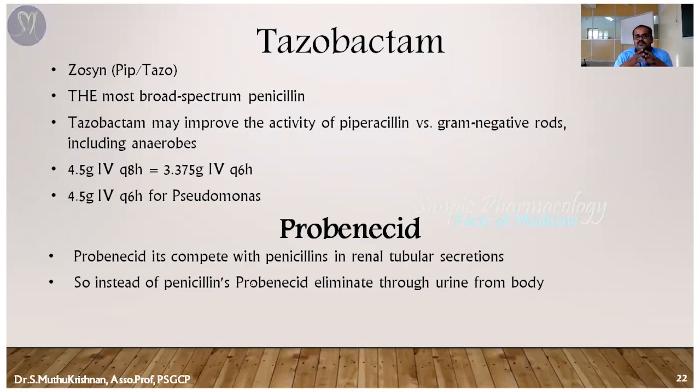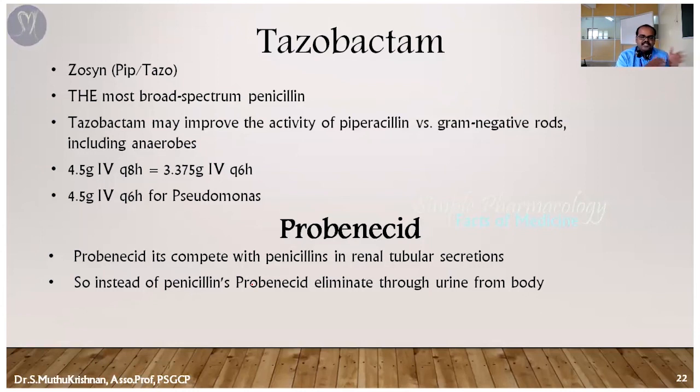If we want to increase the potency, or increase the duration of action, we must retain the penicillin. That's one of the important goals. How can we achieve this goal? We can prescribe probenecid. Probenecid has one unique property: it competes with the penicillin exactly in the tubular secretion process.